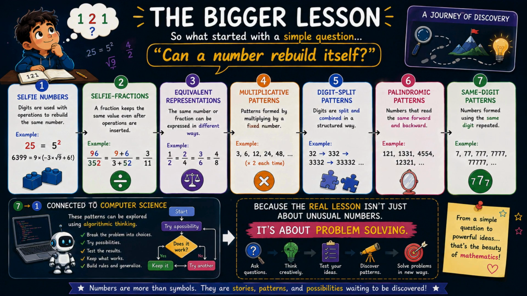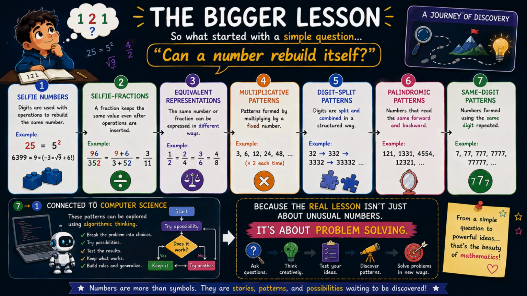So, what started with a simple question, can a number rebuild itself, has taken us much further. We discovered that digits can become building blocks. We saw how mathematical operations can connect those blocks. We moved from selfie numbers to selfie fractions. We discovered that the same fraction can have multiple representations.